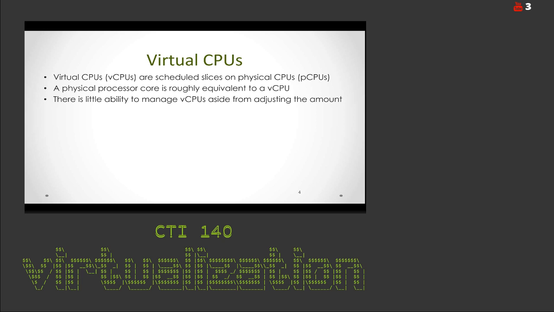Whether we want to dedicate all 8, 4, whatever. But outside of that, we really don't have a whole lot of ability to manage our processing power when making virtual machines, which is something that you've probably noticed as you've been working to create some virtual machines yourselves. So that's more or less virtual CPUs in a nutshell.